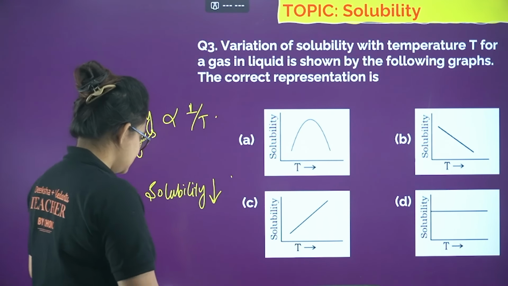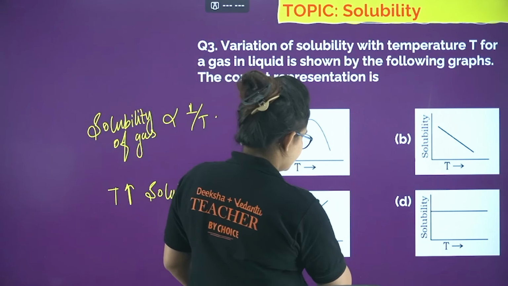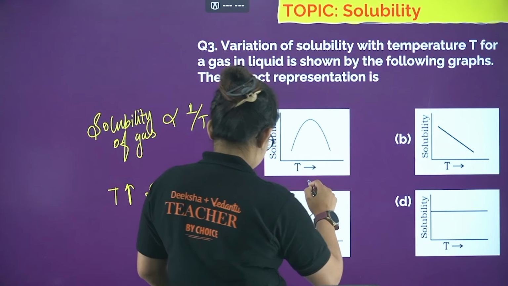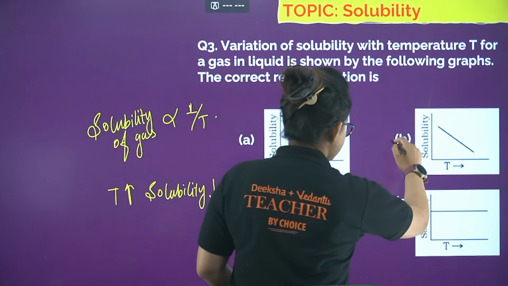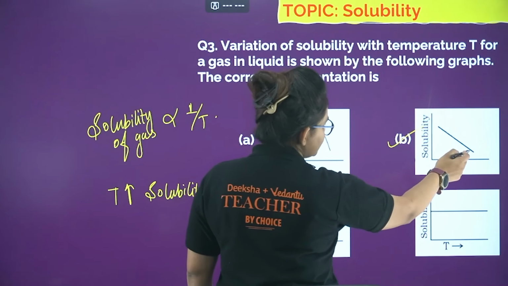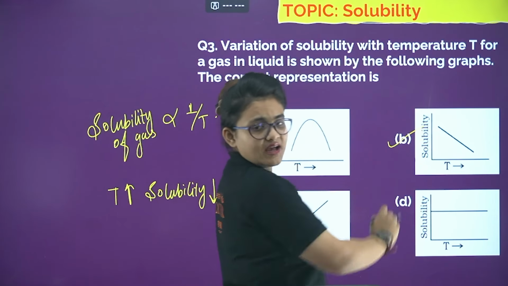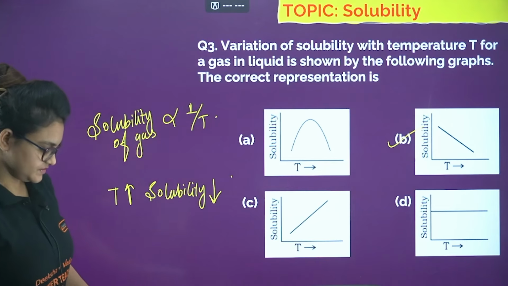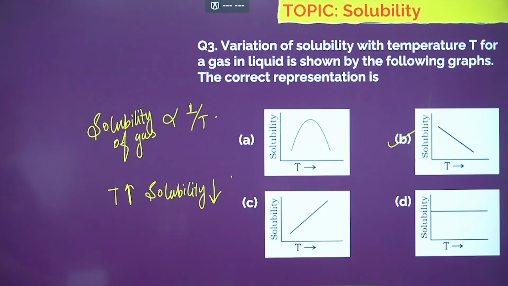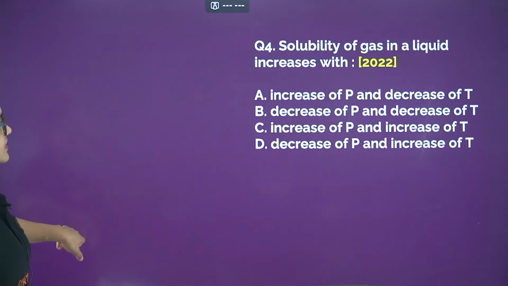So where the case is similar to this, you can see the case is similar in option B. See, as you can see, solubility is increasing and T is decreasing, right? I guess you understood this. Let's proceed for the next one.